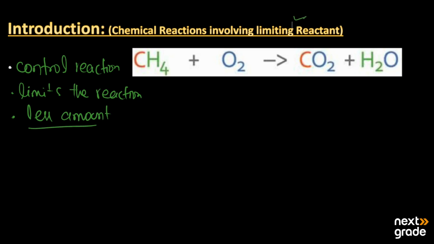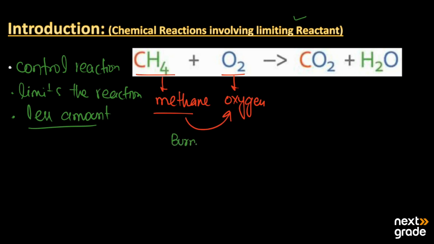Here we have an example. It is a very important example. This is the formula of a gas known as methane, and here we have the second gas, oxygen. When methane reacts with oxygen, it is also known as the burning of CH4, that is methane.